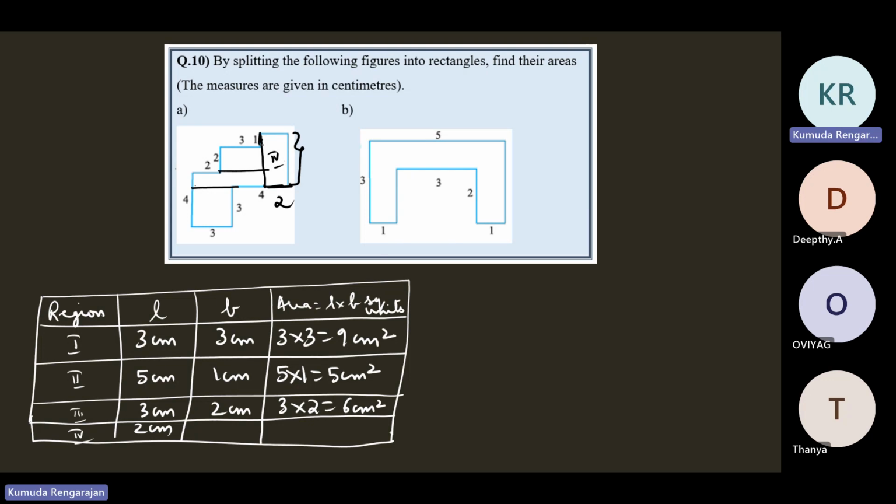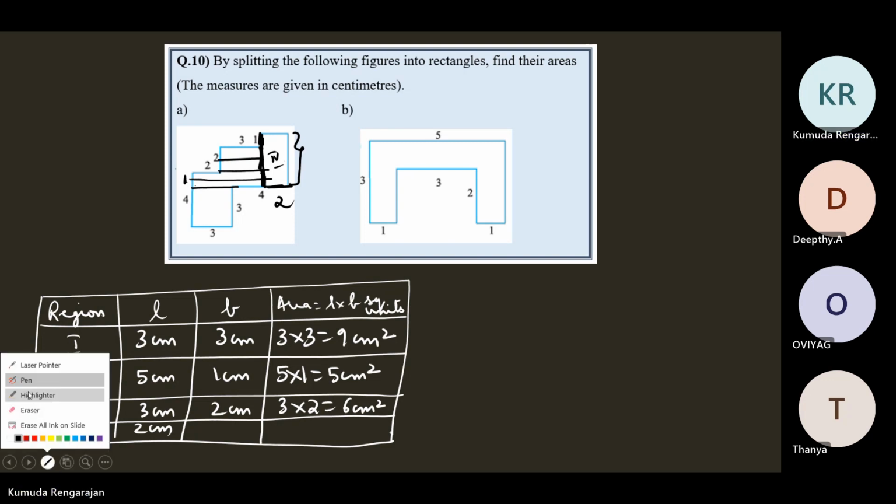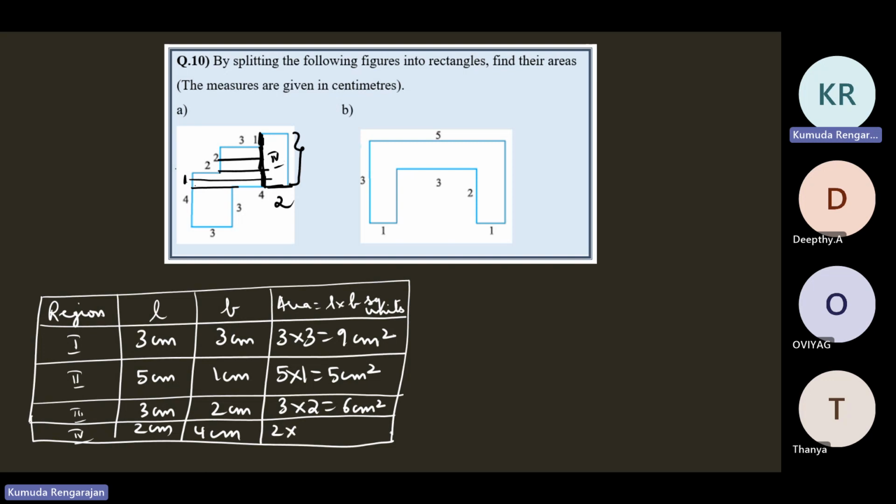This is 1, this is 2, and this is 1. I showed you this earlier. This one is 1 because opposite sides are equal. So 1 plus 2 plus 1, 4 centimeters. So the area is 2 into 4, 8 centimeters square.